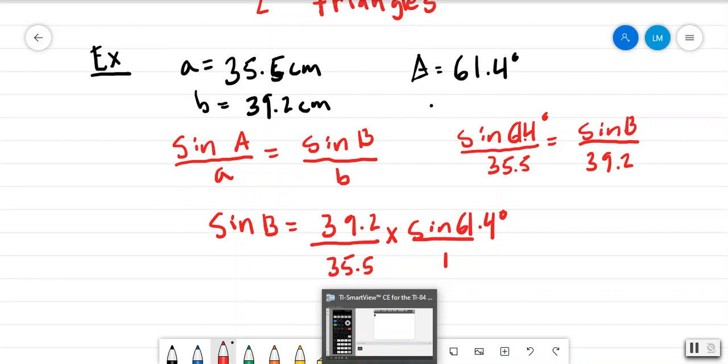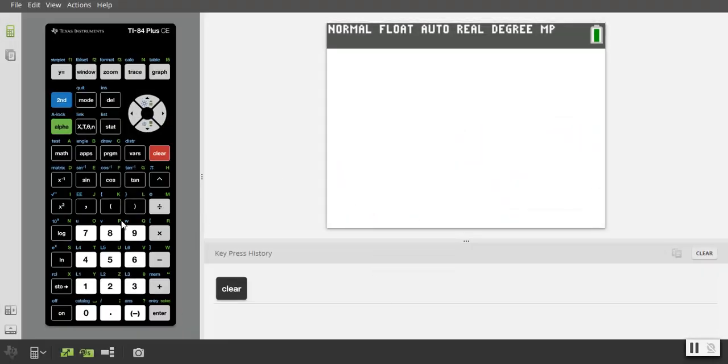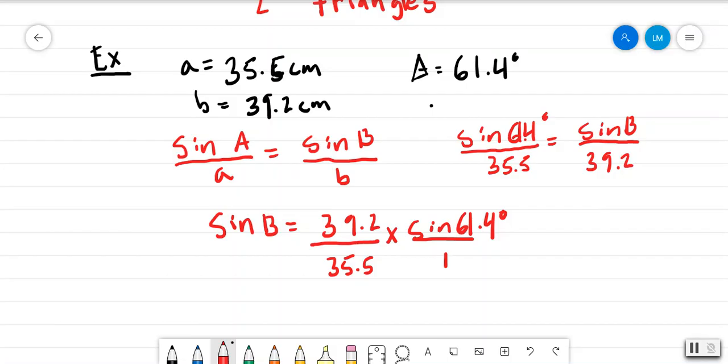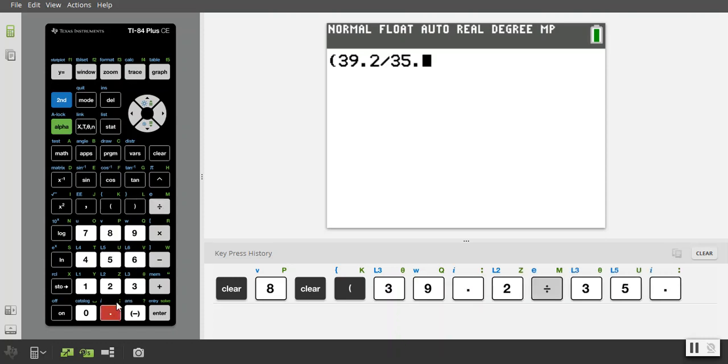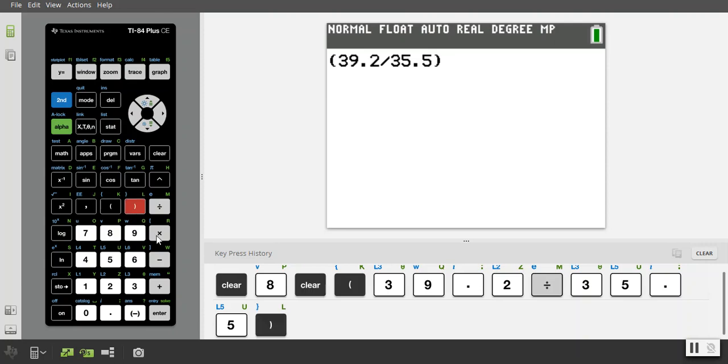So we have 39.2 divided by 35.5, and then all of this gets multiplied by sine of 61.4.